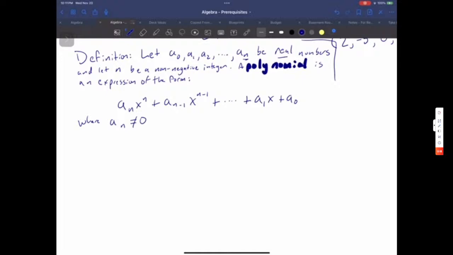So we're saying that the first term can't be 0. Any other term can. It's only an that cannot be, because we are then going to say that the polynomial is of degree n.